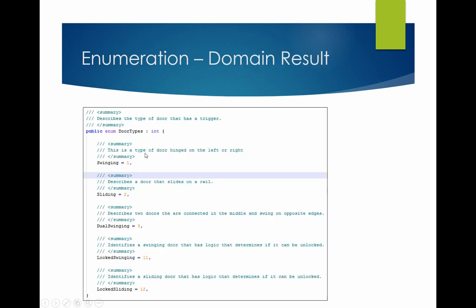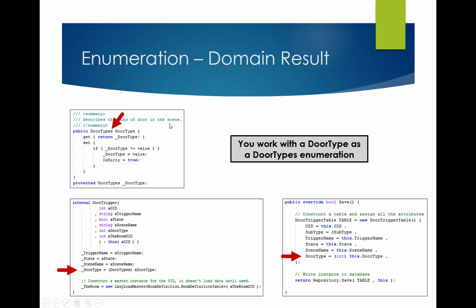So the code that gets generated, so here's the door types that gets generated with all the appropriate comments. And then when the domain takes place, this is how the domain is actually defined inside the door types. It basically transforms this into door types.